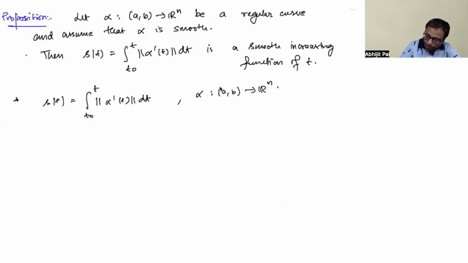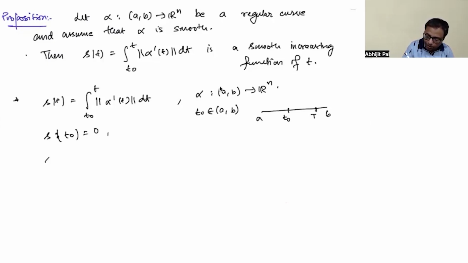Okay, and so let us take T0 in this interval, and let us take some point here, your capital T. So now note that S of T0 is equal to 0.